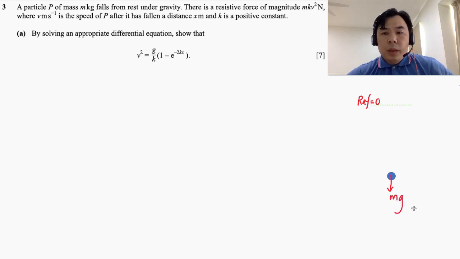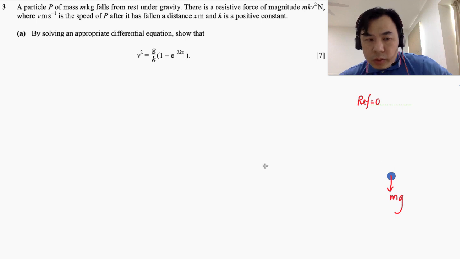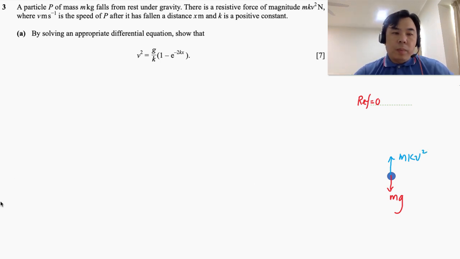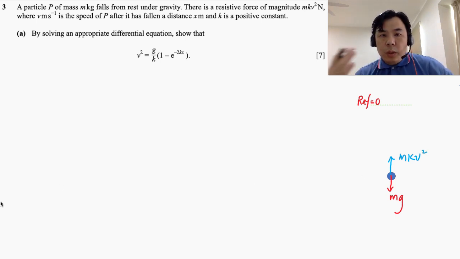And then at the same time, there is a resistive force acting on the particle. This is mkv squared here, right? And then we assume that there are no other forces acting on the object at this point. Okay, other than that, the distance x fallen.